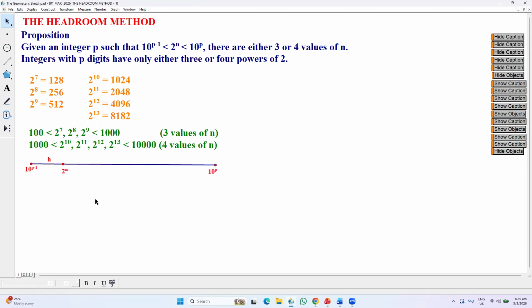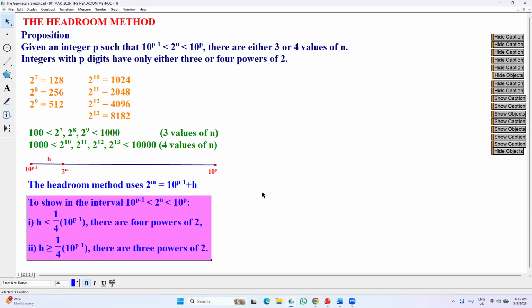Now, the headroom method. Let 2^m have a headroom of h more than 10^(p-1). So the headroom method uses 2^m = 10^(p-1) + h.